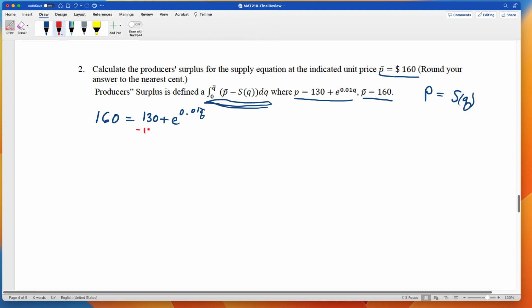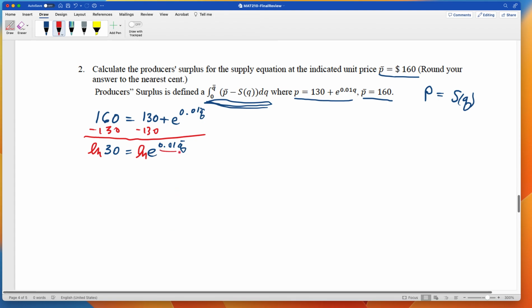So we will subtract 130 from both sides. That gives us 30 equals e to the 0.01 Q bar. To solve this for Q bar, we'll do natural log.